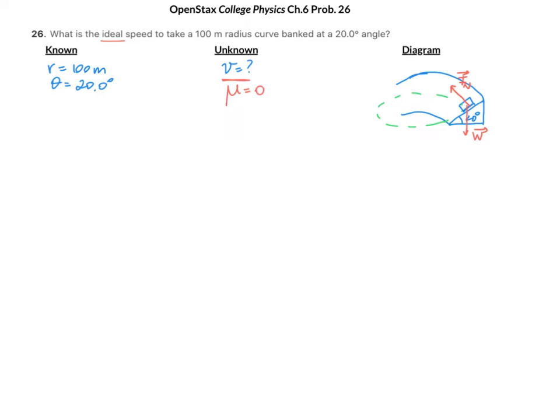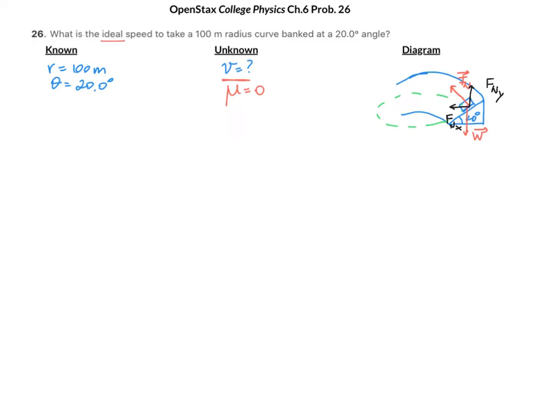It has to be a force along the radius of the circular path, and the only force along this direction is the x component of the normal force. So I will break up my normal force into an x and a y component. This is going to be my Fn y, and this is going to be my Fn x.